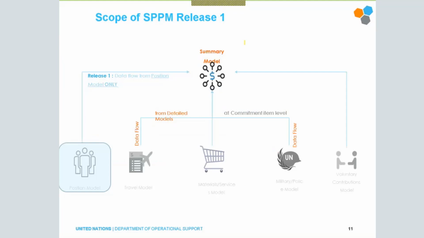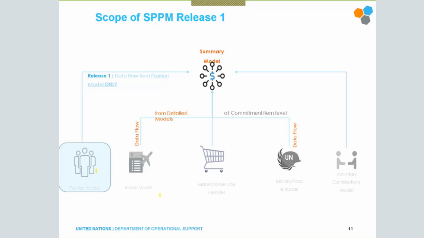Still about the scope of this solution for this release, you see on the screen the different models that are part of SPPM. We have the position model, where we are going to manage the position list. Then we have the travel model, the material and service model, and the military and police model. These three models, which are for detailed planning, will be summarized in the summary model. For this release, your mission is going to be working on the position model and the summary model.